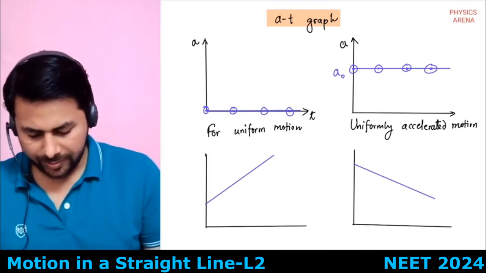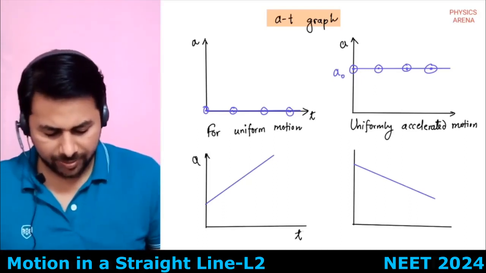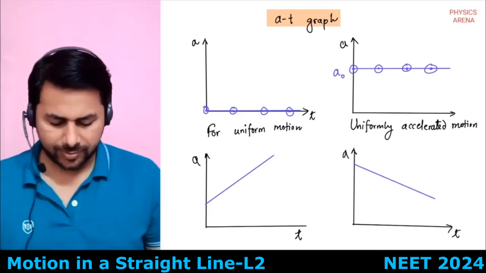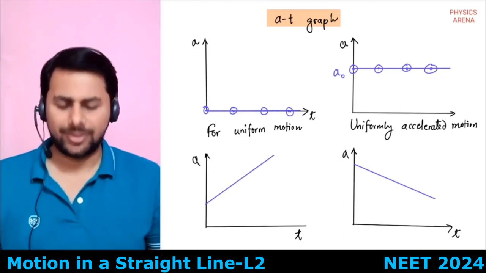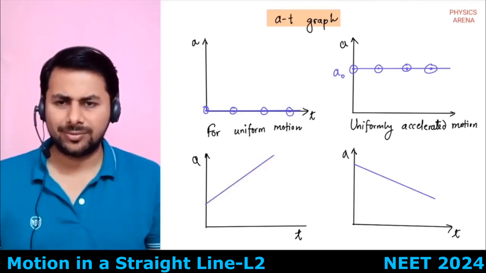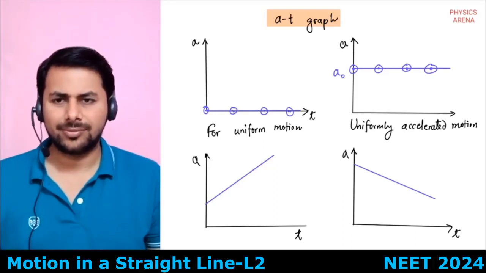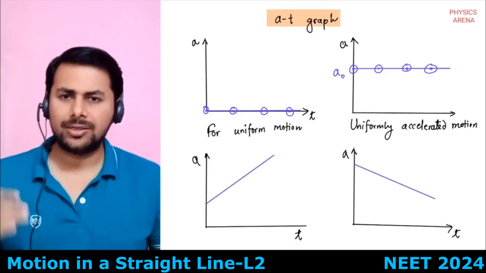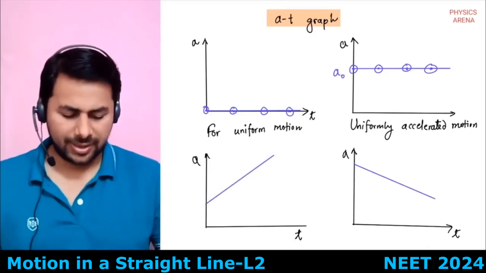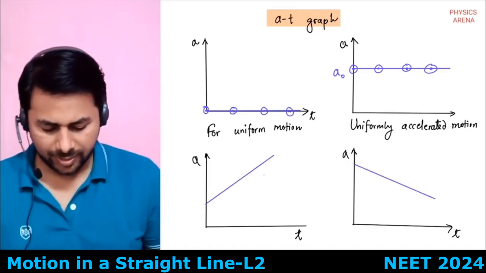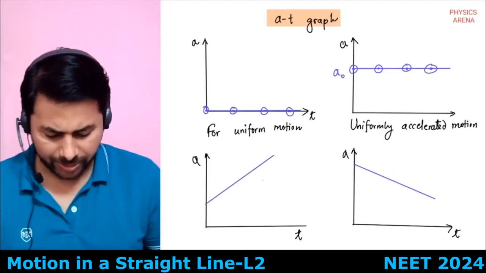So what does it mean? This is an AT graph, this one is also an AT graph. So is this uniformly accelerated motion? No, sir. This is not uniformly accelerated motion. In this one your acceleration is increasing, in this one acceleration is decreasing, right? So not uniformly accelerated motion.